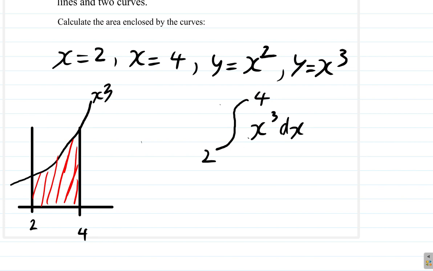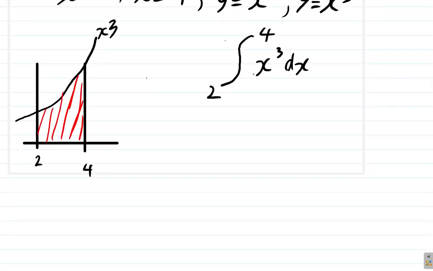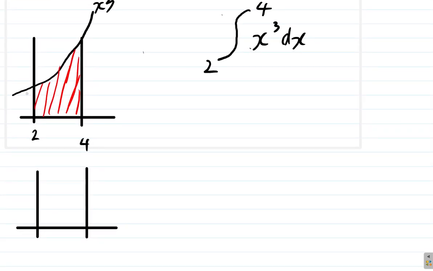Now, what about the x squared? What happened to it? If you should now do this, in this case you have x equals 2, x equals 4, and you have x squared.